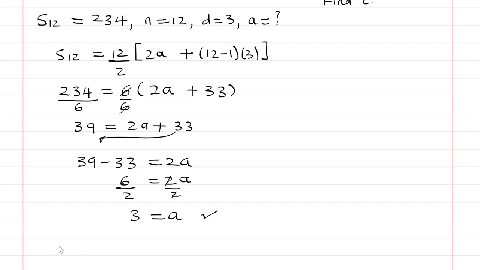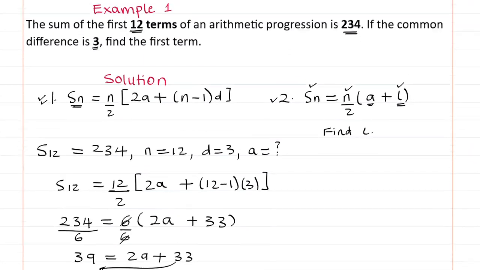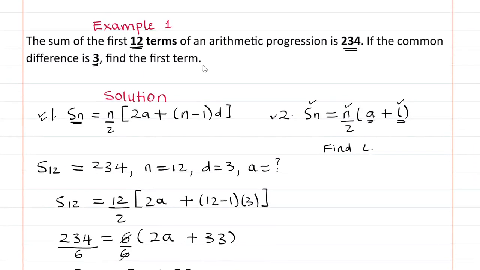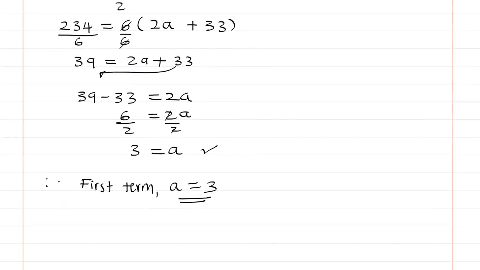Therefore, our first term a is 3. So the first term of this AP with the common difference 3 and the sum of the first 12 terms 234 is 3.